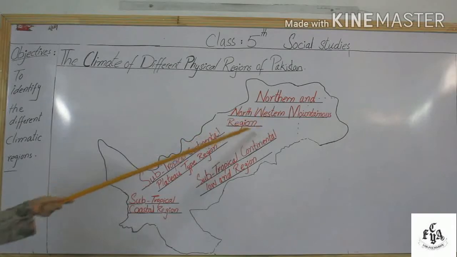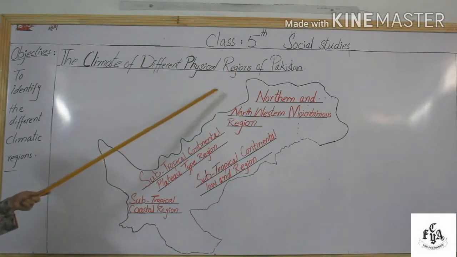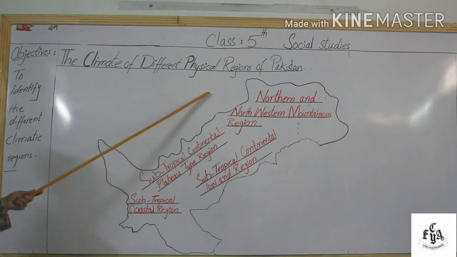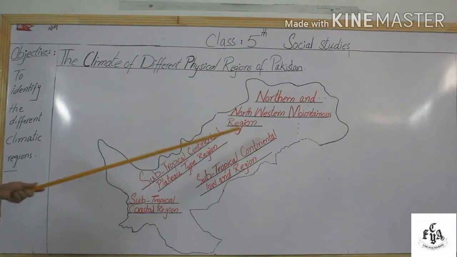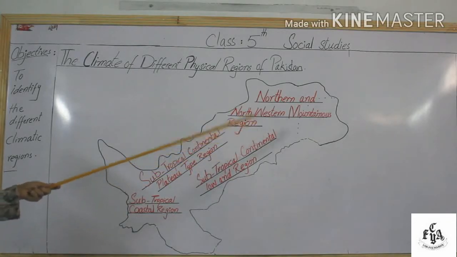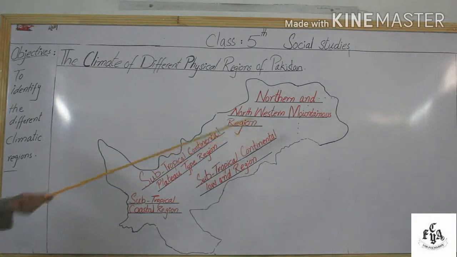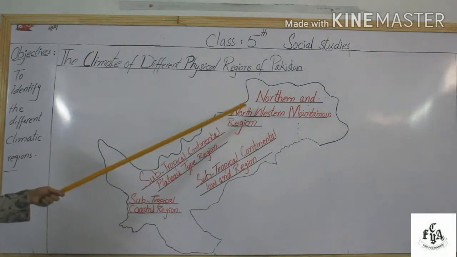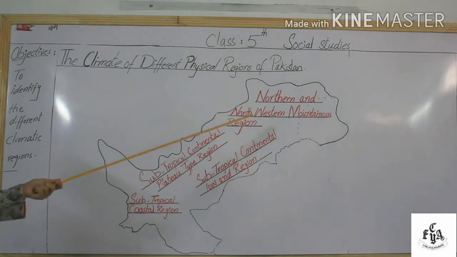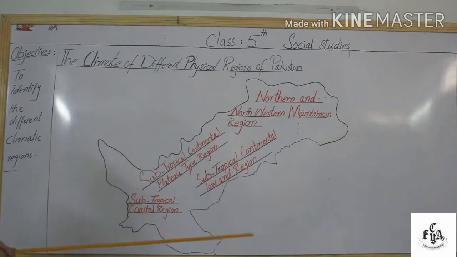As you know, this region lies to the north, that is why the weather here is extremely cold. In this region, the northern and northwestern mountain areas are included. Here winter season is severely cold and snow usually falls.